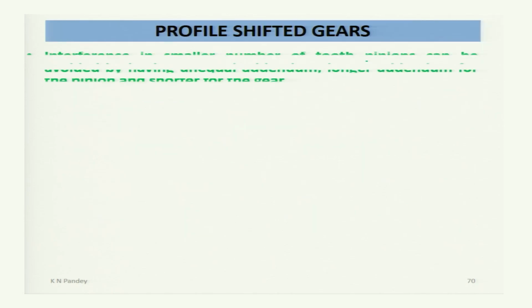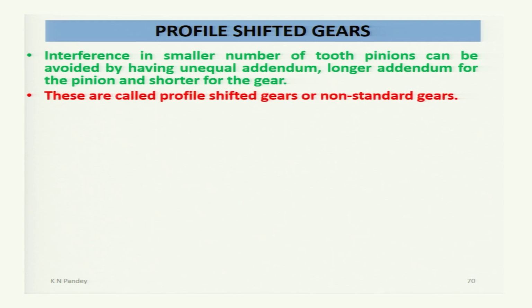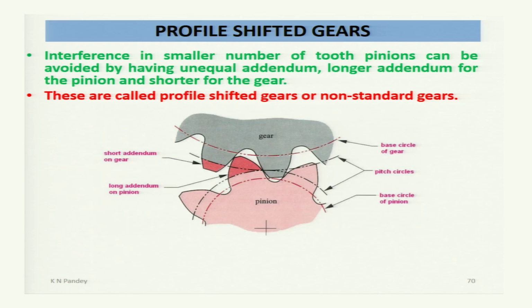Now the profile shifted gears. Interference in a smaller number of tooth pinions can be avoided by having unequal addendum, longer addendum for the pinion and shorter for the gear. These are called profile shifted gears or non-standard gears.